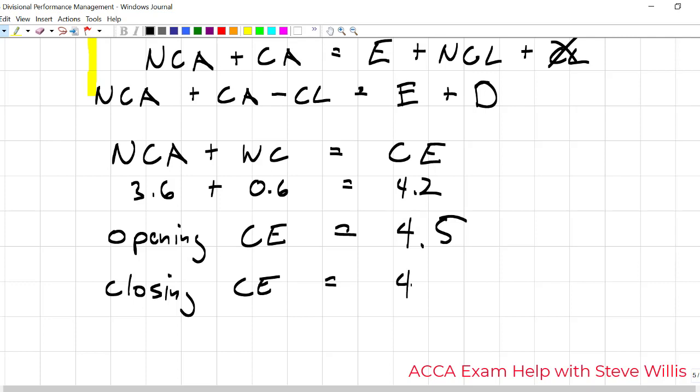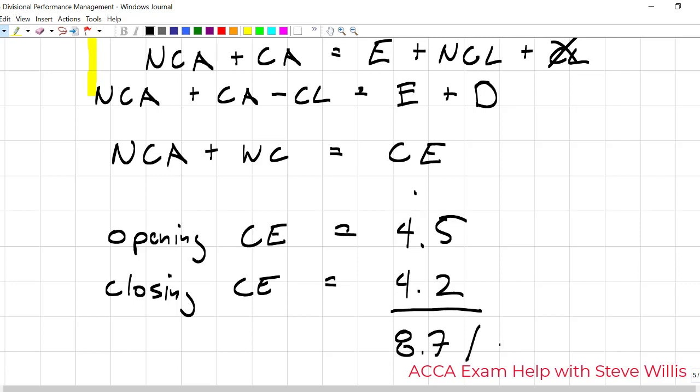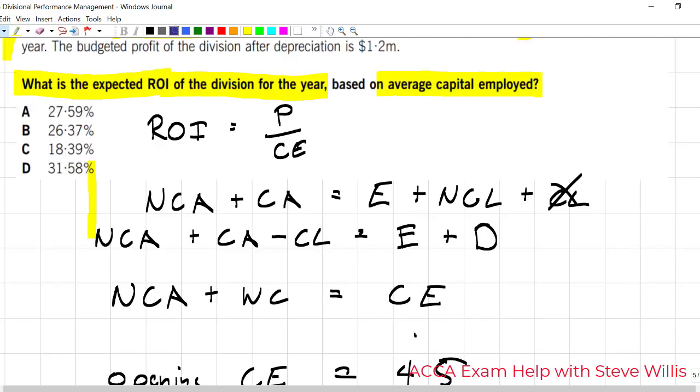So my closing capital employed is 4.2. Add those figures together, divide by 2. 8.7 divided by 2 is 4.35. That is my average capital employed.